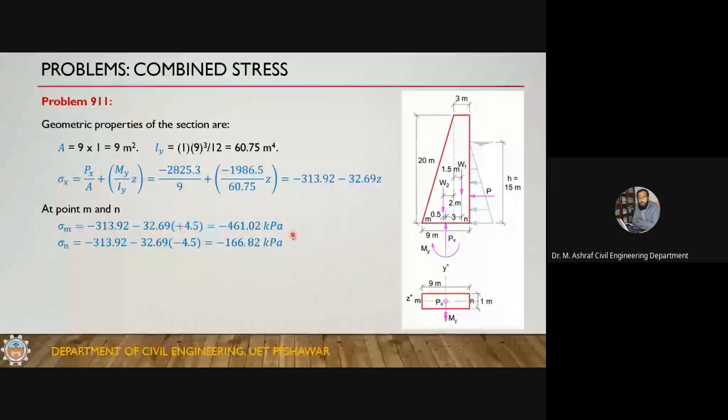And at point N, the value will be minus 4.5, so it will result in minus 166.82 kPa. So there are high stresses at this location and lesser stresses at this location.